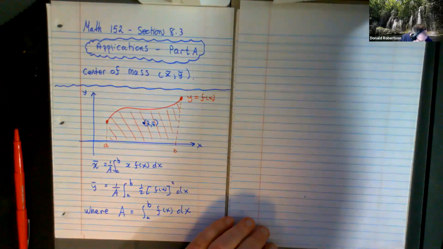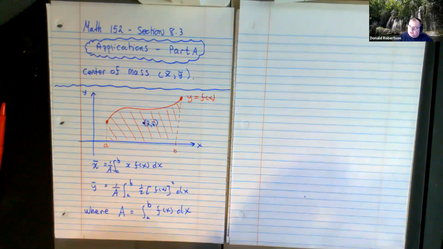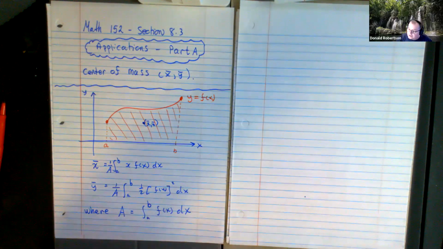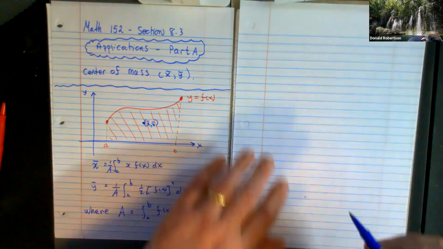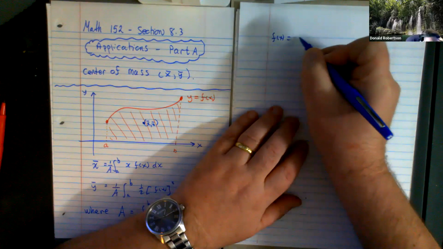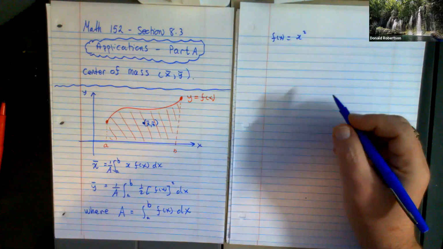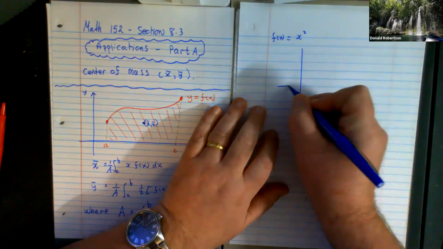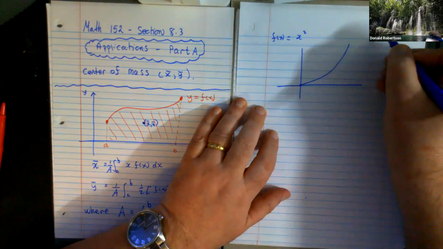And then the final stage is, what about an area that's made by being between two curves, right? What would the centre of mass look like? But that's for later. So let's do x squared, which is that guy. And let's do it from 0 to 1.